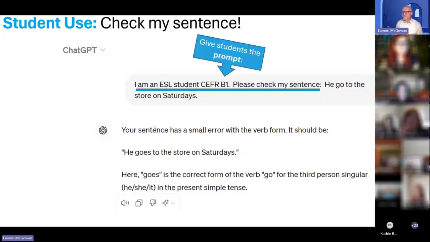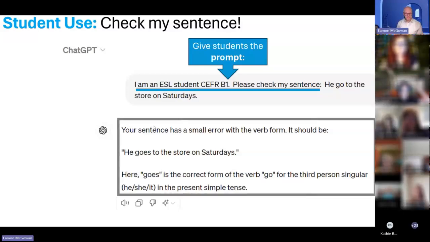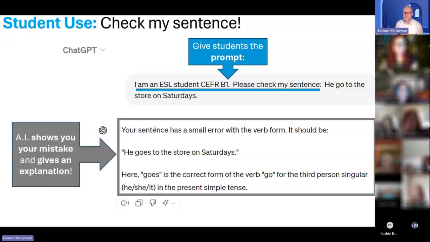So I gave them this prompt and the sentence just so they can test it themselves. And then we did this, I shared my screen, we did it on my computer as well, and we got this response. So AI will show them, hey, this is your mistake, and gives an explanation.